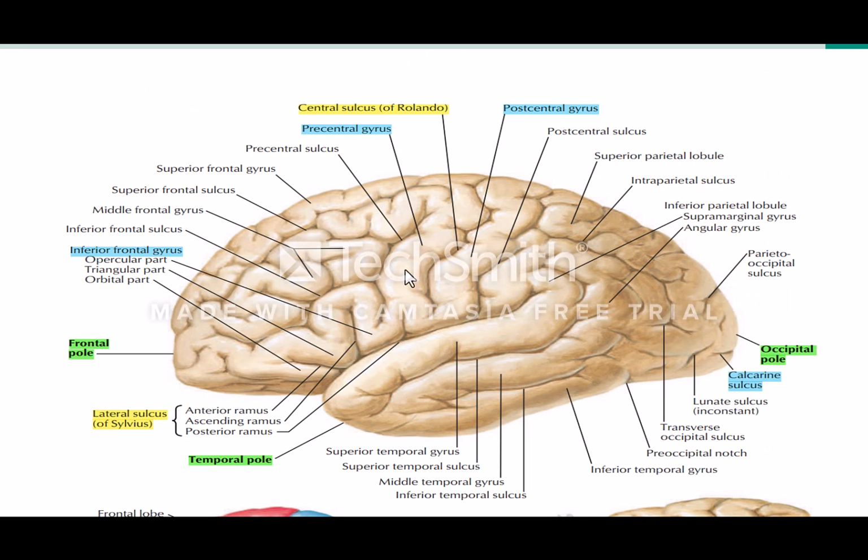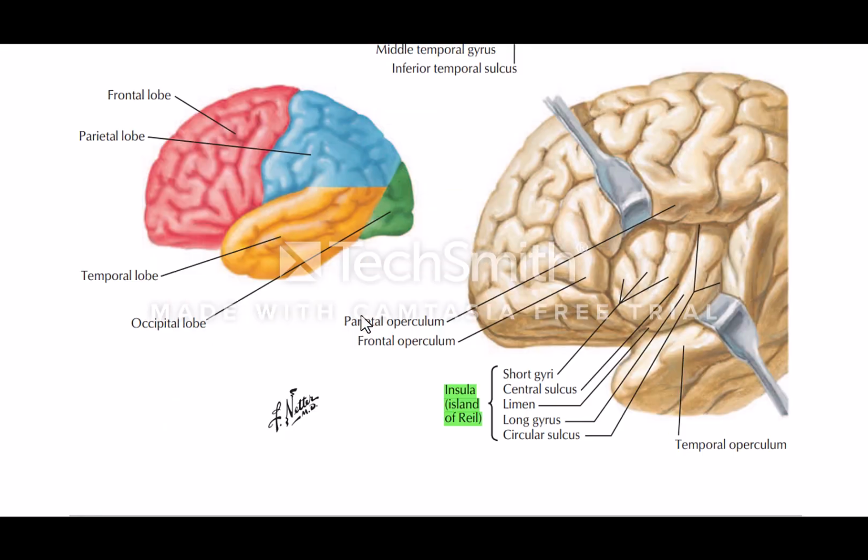And somewhere right there, if you manage to lift this inferior frontal gyrus up, you would see another buried convolution of cerebral matter, which is called the insula.